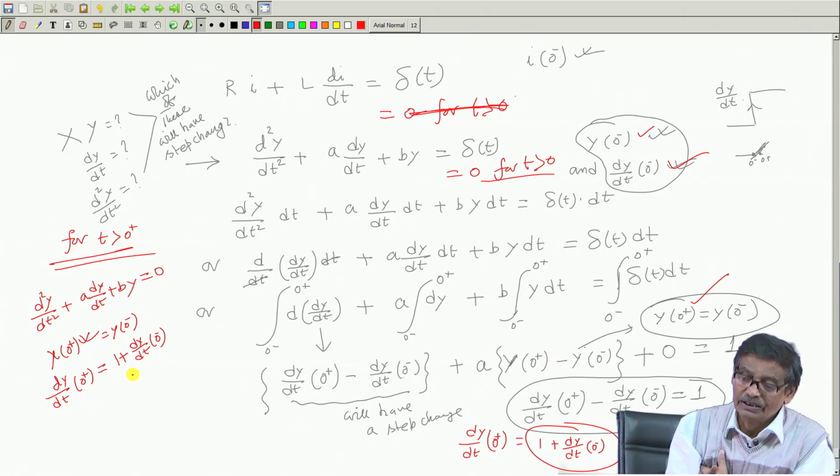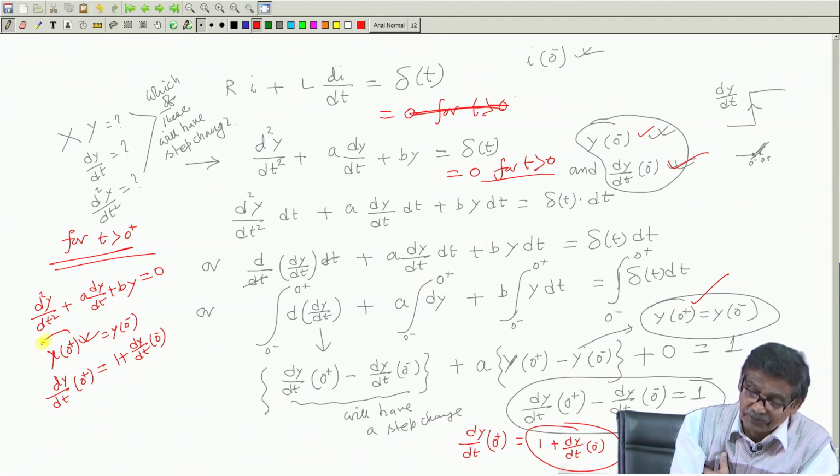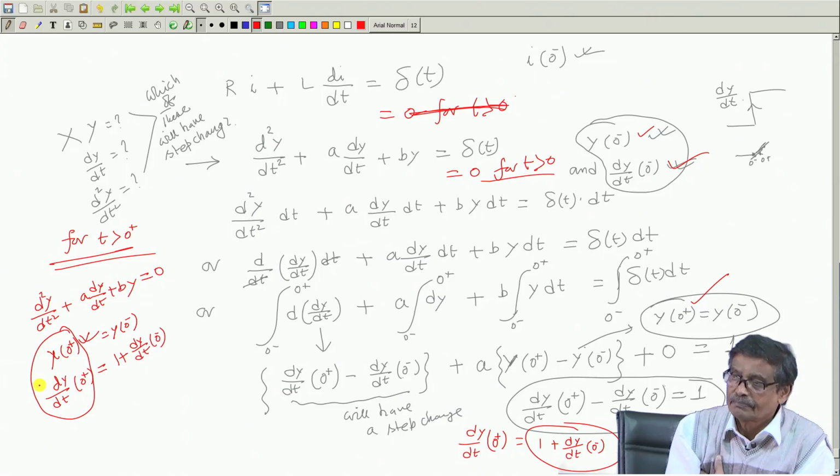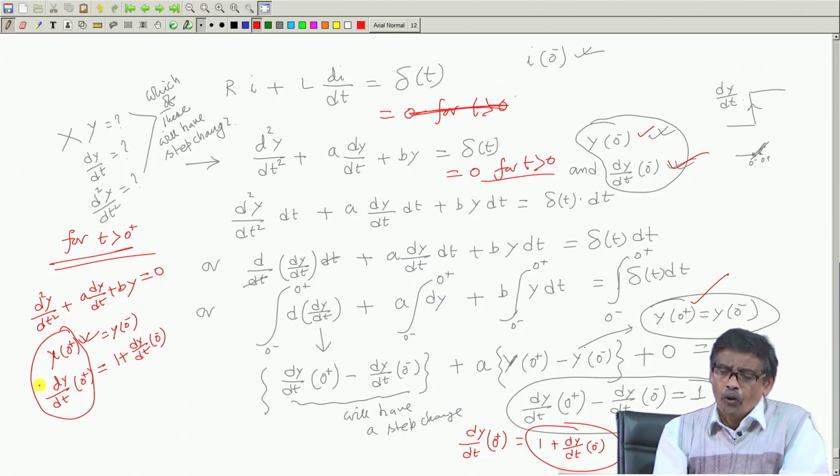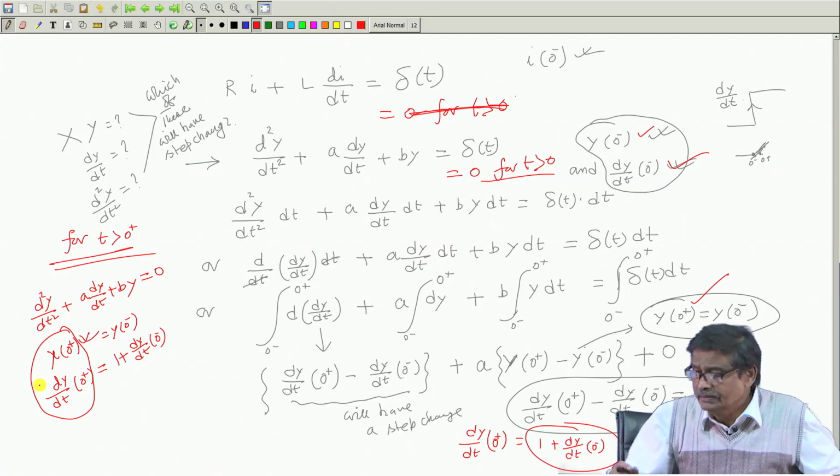So, the system will be having no excitation now for t greater than 0 plus, but these are the new boundary conditions. Apply them and solve. Right hand side will be 0. Hope you are following me.